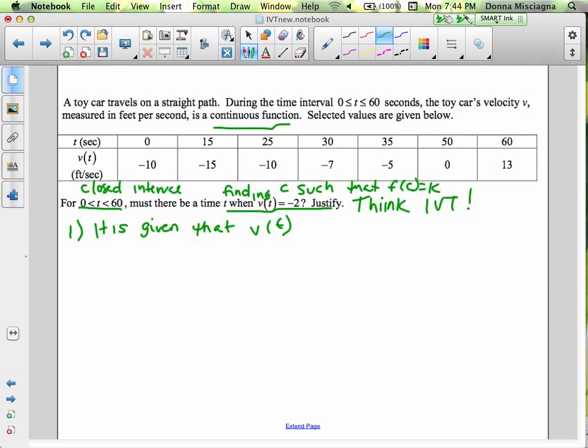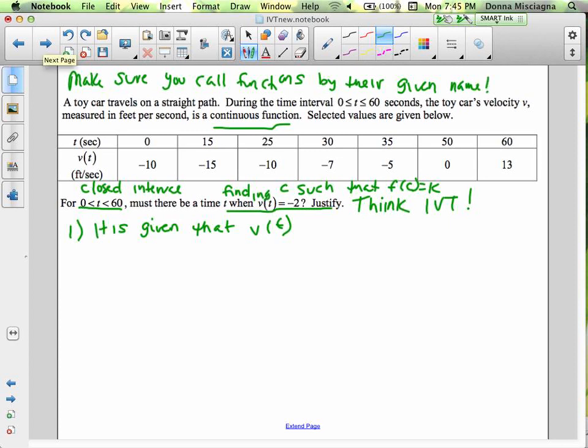Make sure you call functions by their right names. You call functions by their given name. All right, don't change their names.